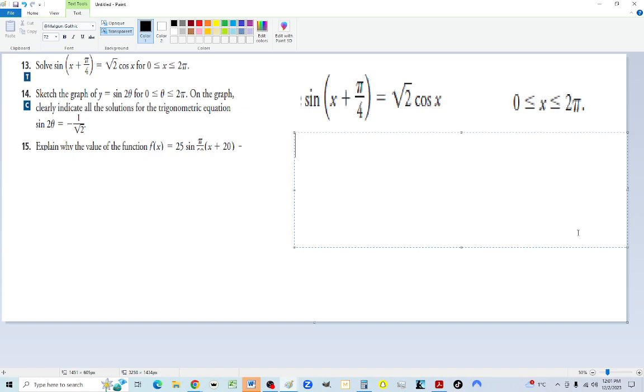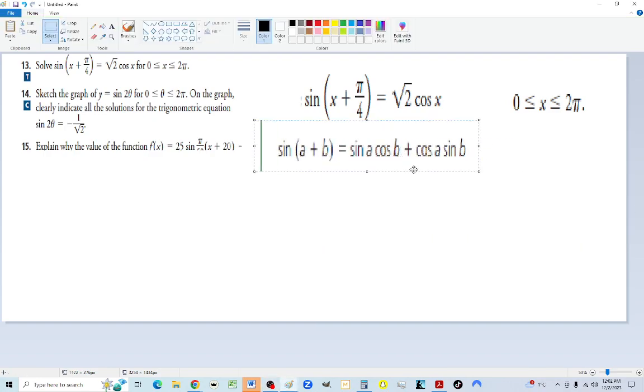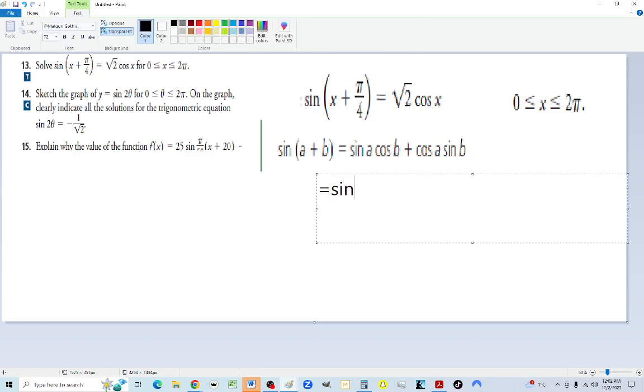I used to have these quite easily. Cos x, sine x. Excellent. Hang on, let me just pause this. Okay, here we go. Remember that the addition formula for sine is that. So let's convert this first part into that. So really we're talking about sine x times cos of pi over 4 plus cos x times sine of pi over 4.